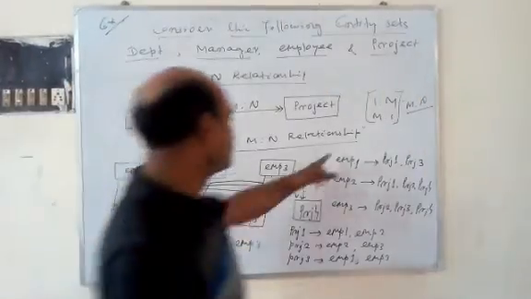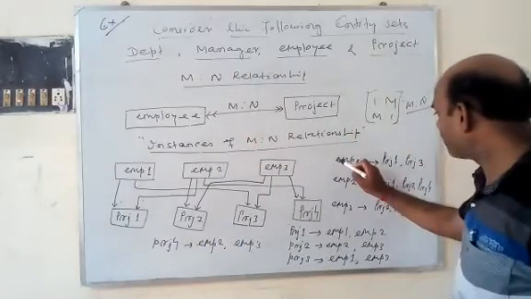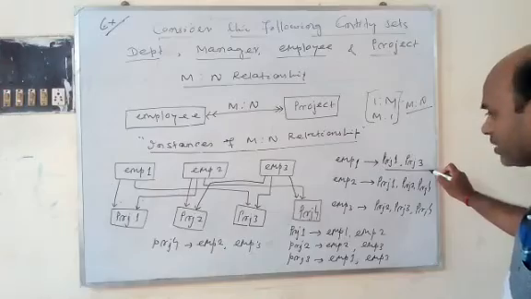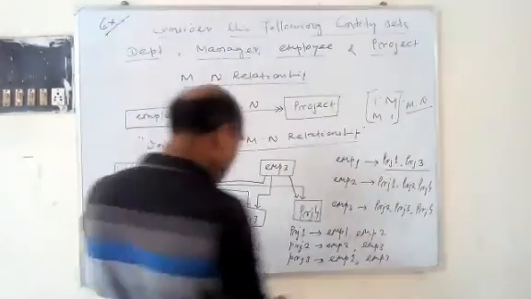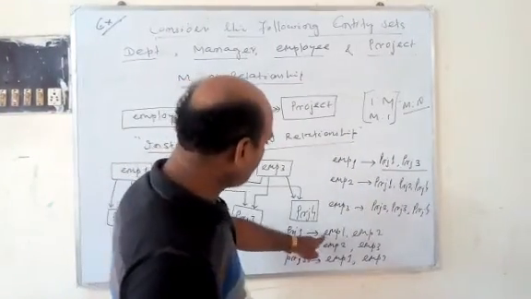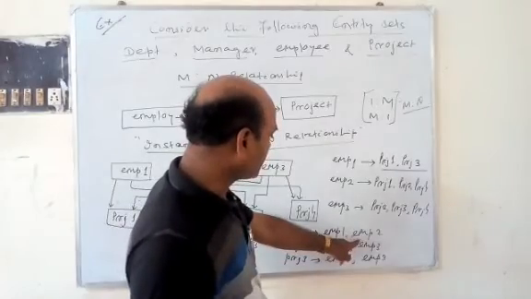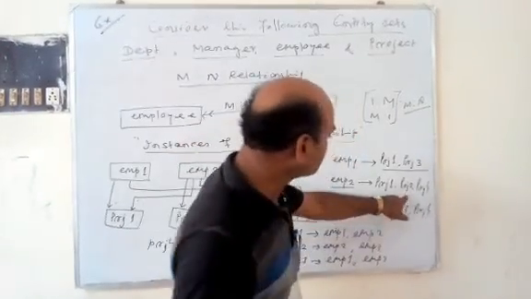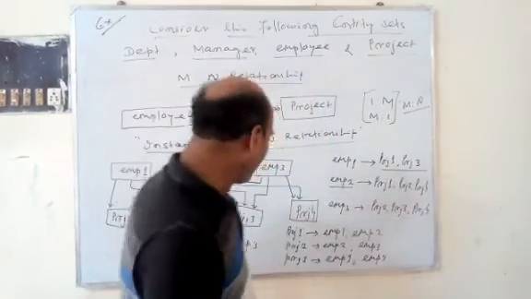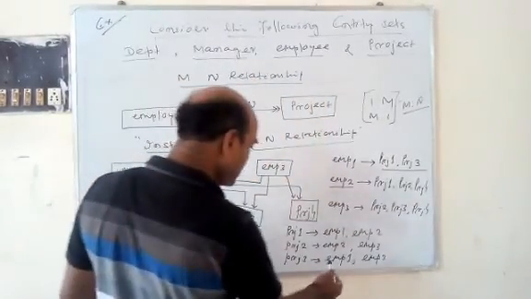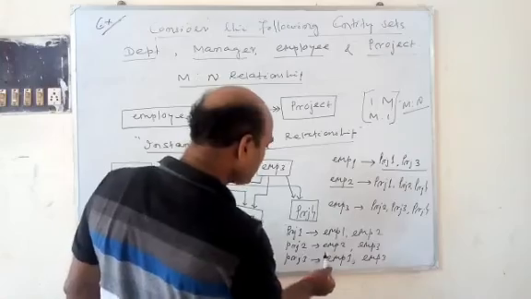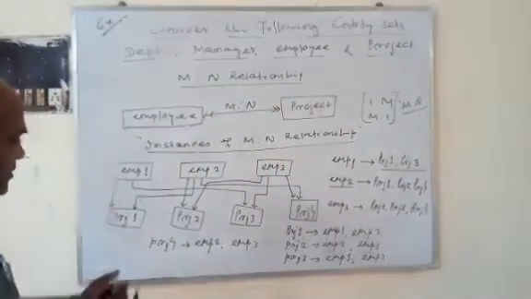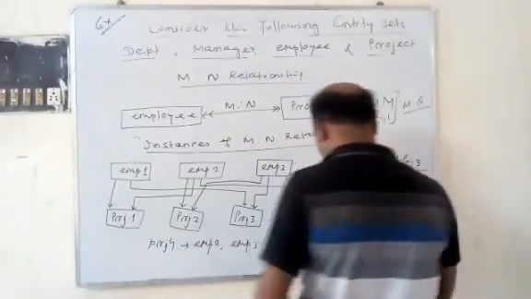Now consider all the things. Employee 1 is in project 1 and project 3. Same thing here, in project 1, employee 1 is working, employee 2 is working. Employee 2 is in project 1, project 2, project 4. And in the reverse direction, in project 2, employee 2 and employee 3 are working. Now just mix it, all relationships can be combined.